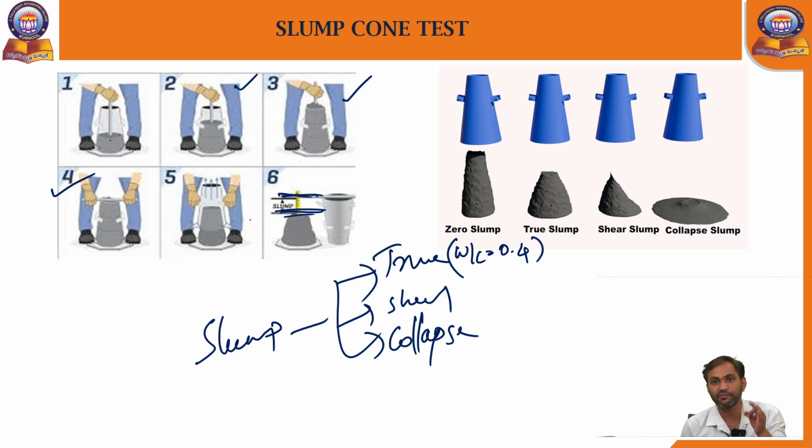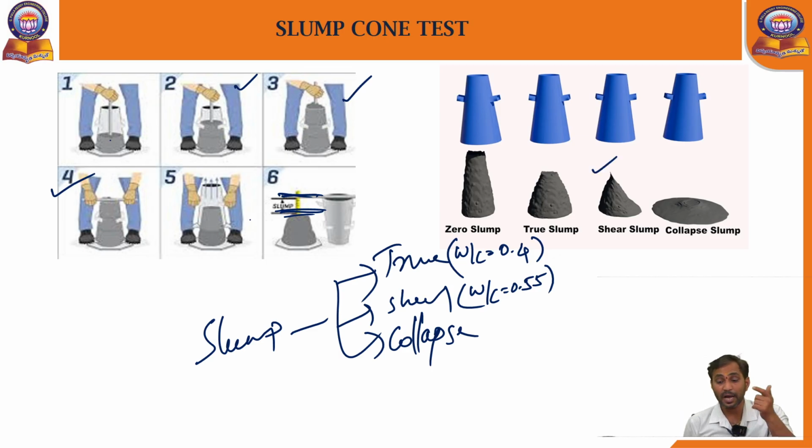Next, shear slump. For example, if you have taken a water cement ratio of 0.55 or 0.5, then some quantity of the concrete will fall down and the remainder will stay placed like this.